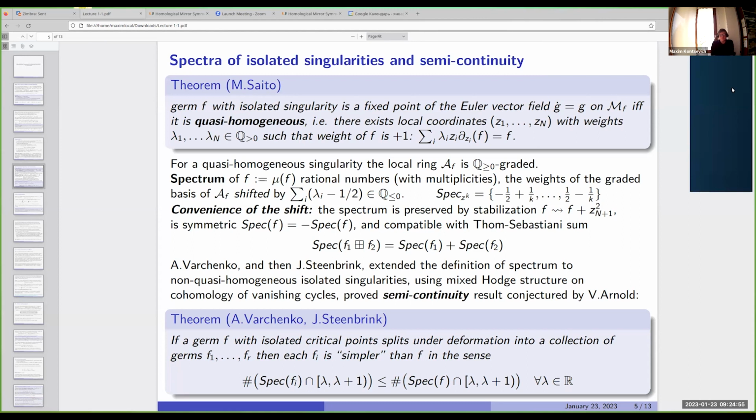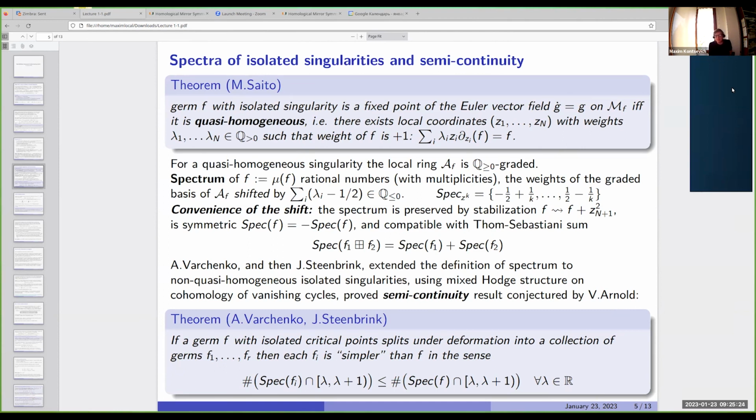Then if the singularity is quasi-homogeneous, the local ring is automatically graded by non-negative rational numbers. And I define the spectrum of the singularity as a collection of several rational numbers with multiplicities. This collection consists of mu_f numbers, so the Milnor number will be the number of elements in this collection.